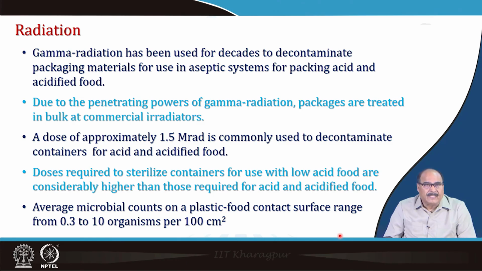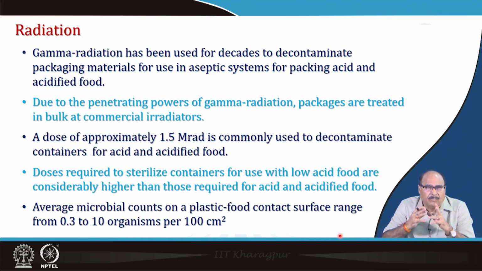Radiation: gamma irradiation can also be used due to its penetrating power. Packages are treated in bulk at commercial irradiators. A dose of approximately 1.5 mrad is common. The dosage required to sterilize containers for use with low acid foods is considerably higher than that required for high acid or acidified food.